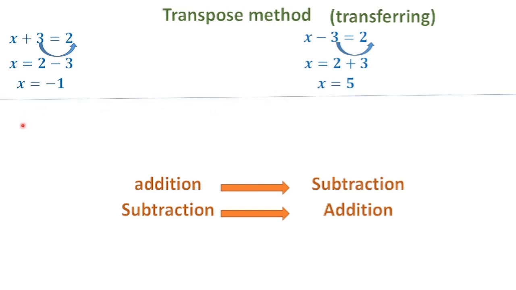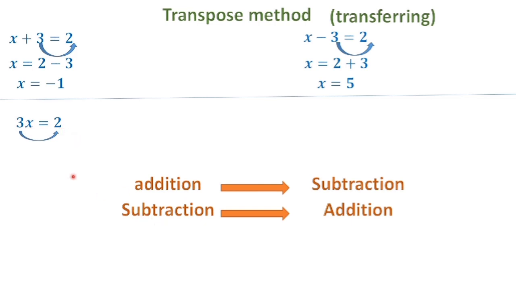Now see the next equation. 3x is equal to 2. LHS is 3x, RHS is 2. 3x means it is 3 into x. So to get the value of x, we have to transpose 3 to the RHS.